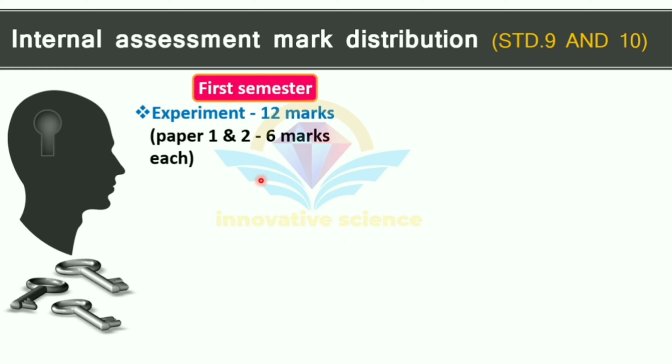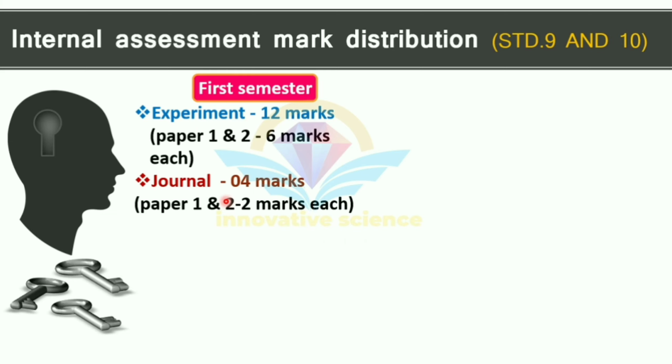Then next, the journal will give you a total of 4 marks: 2 marks for Part 1 and 2 marks for Part 2. Students, these marks are in your hands. Complete your journal properly and carefully so that you get 4 marks.